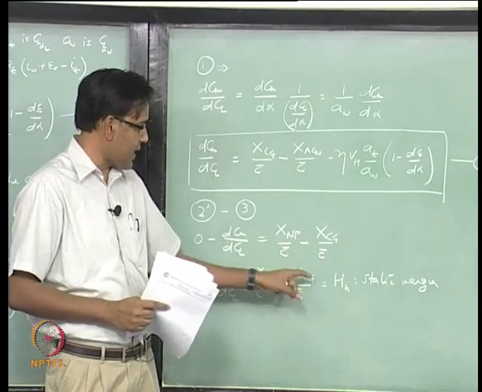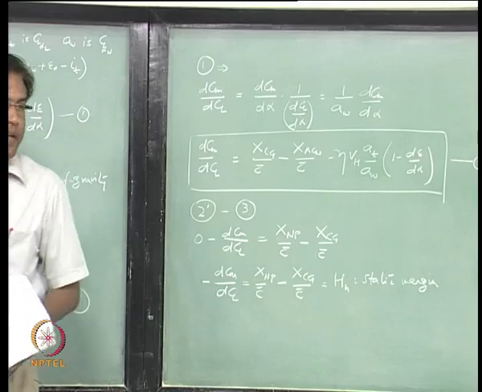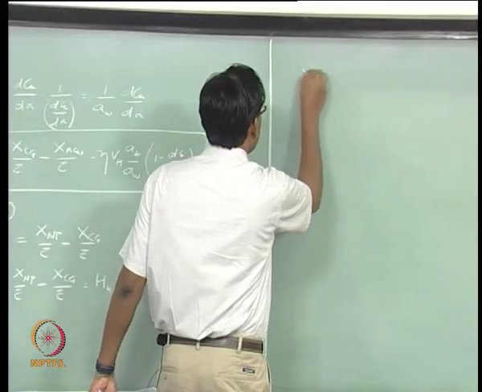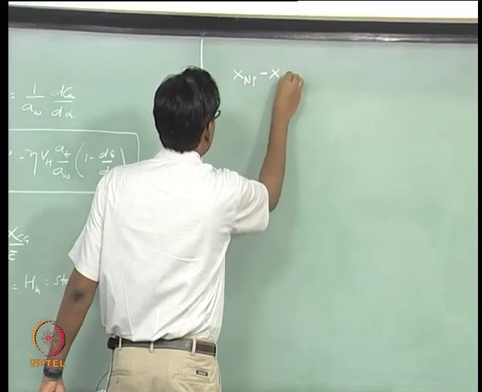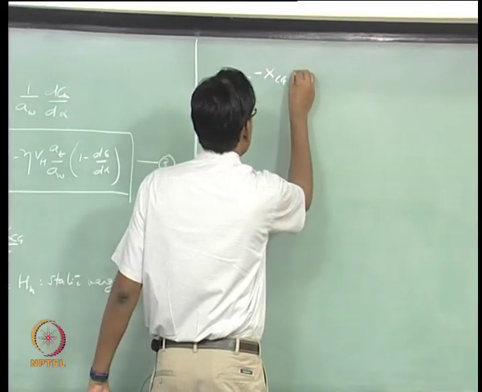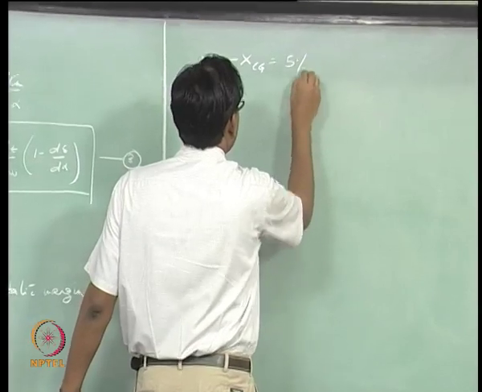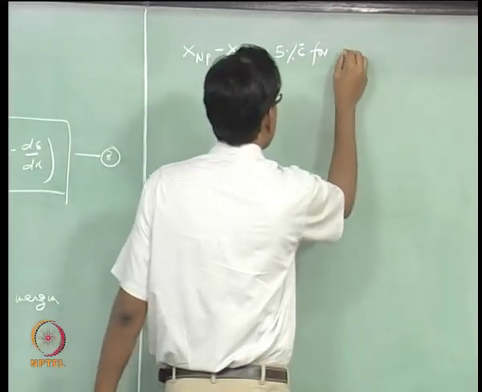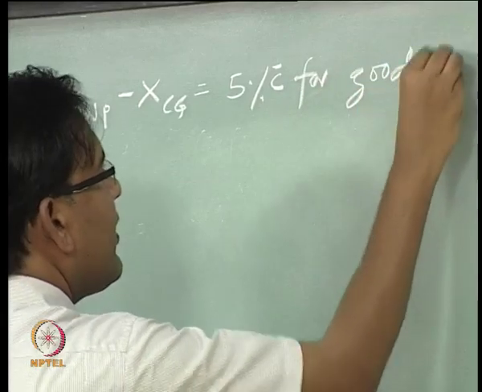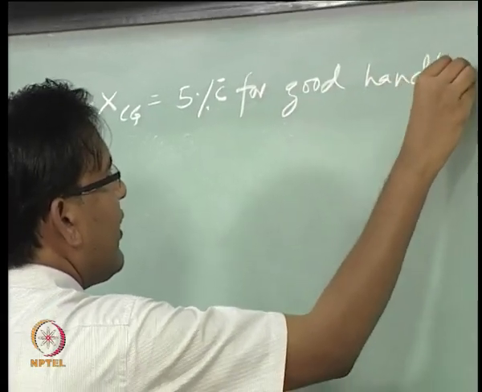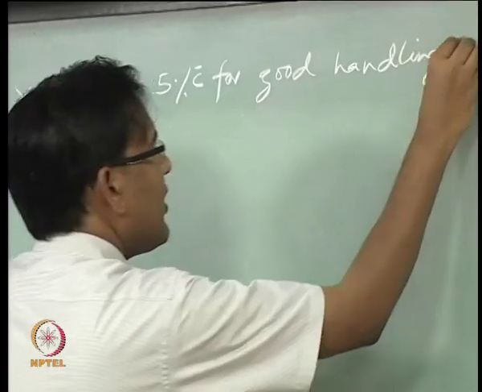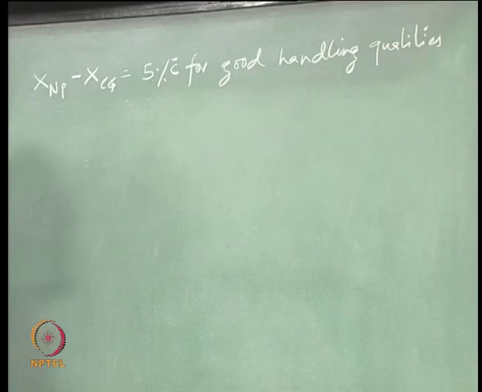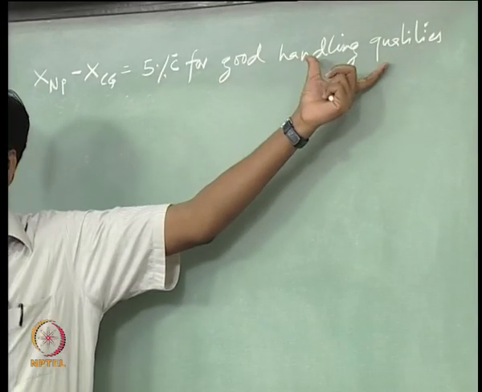So, Xnp minus Xcg should be 5% of the mean aerodynamic chord. We will talk about this a little later. Okay.